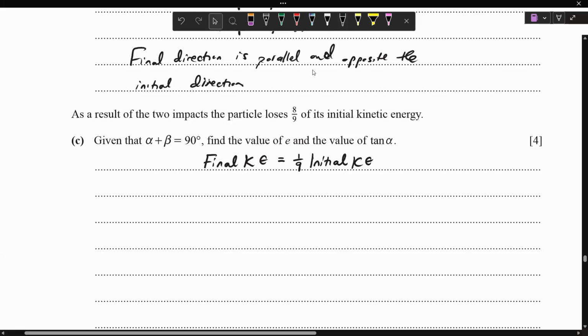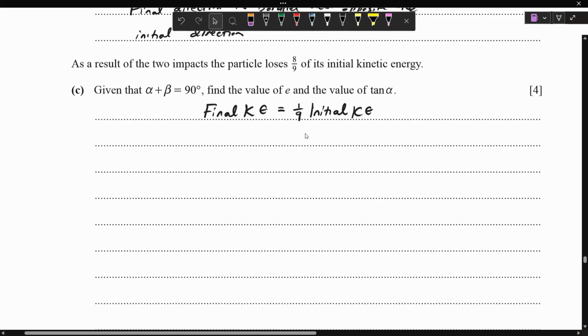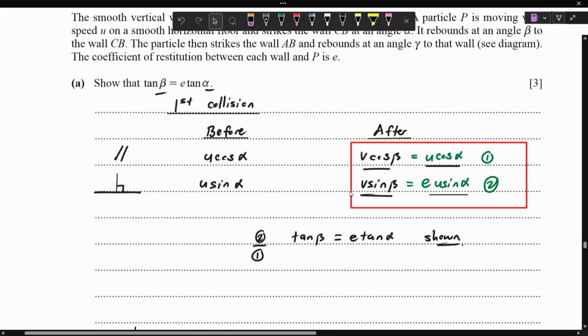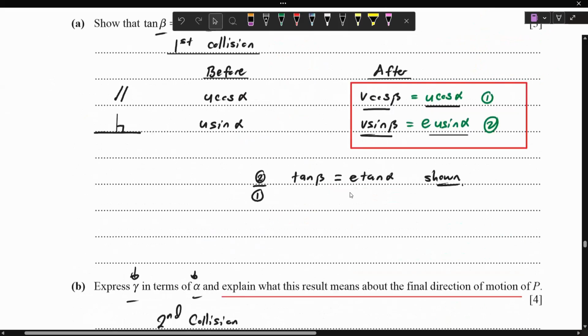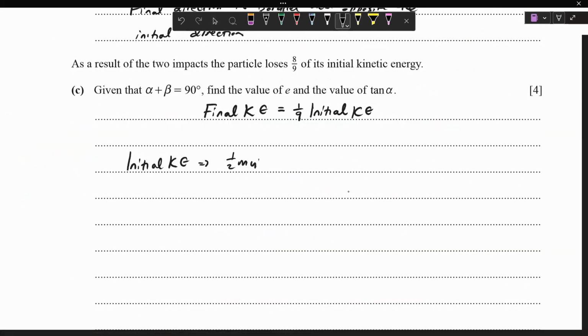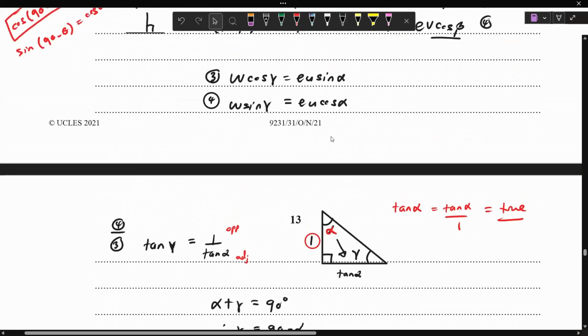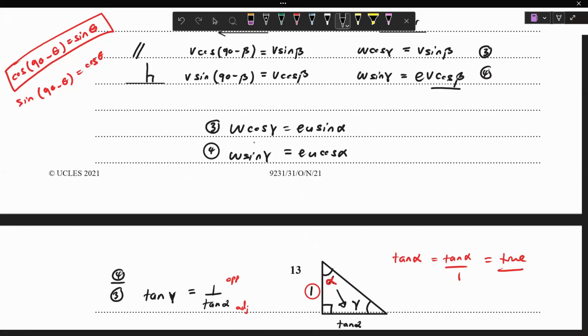All right, so let's look at these kinetic energies. Let's start with the initial kinetic energy. For the initial kinetic energy, it's half mu squared. For the final kinetic energy, if you take equation 3 and equation 4, I think we can find W with that.